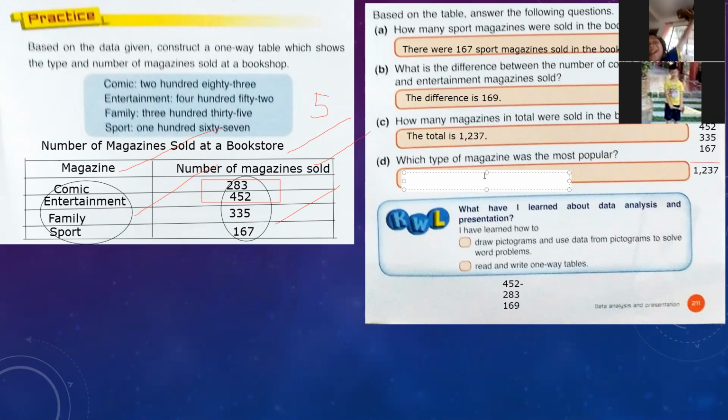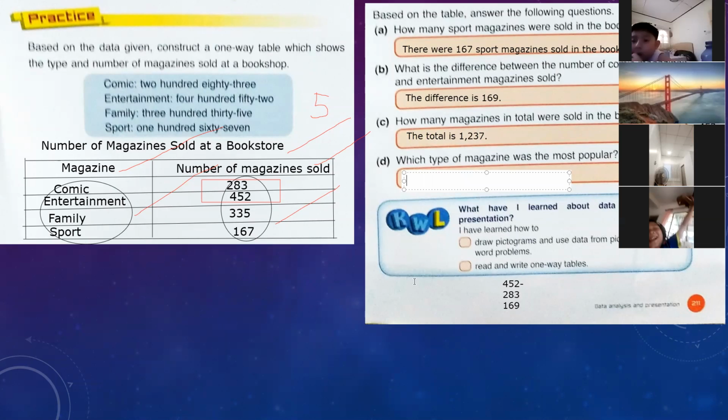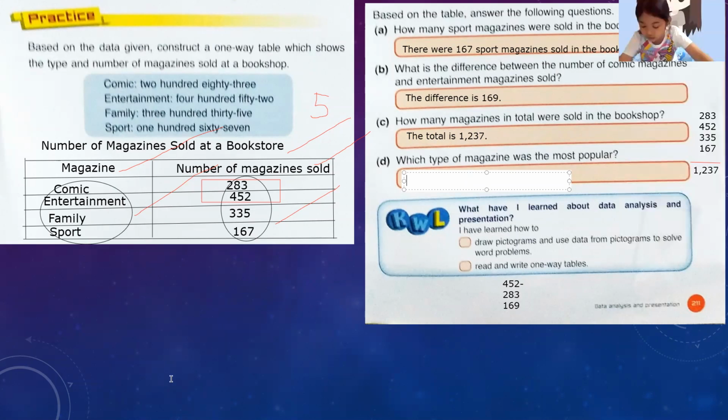Teacher Chris, can I write: There were 1,237 magazines sold in the bookshop. Very nice, Ploy. Clap your hands for me. I like that, very nice answer. Very long, I love it. But the total is 1,237 is already accepted.